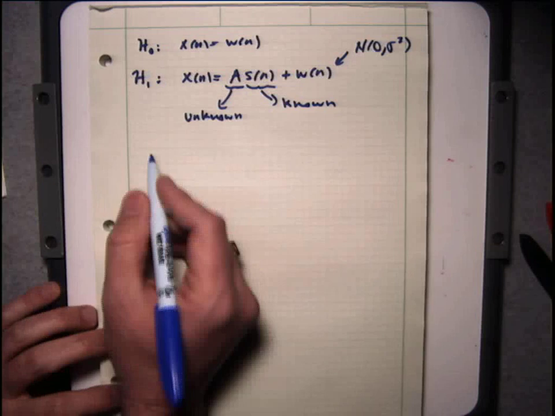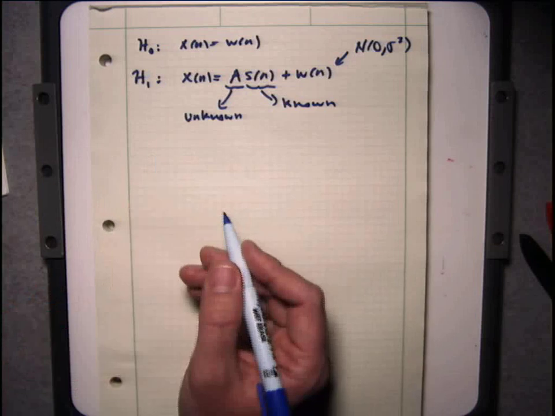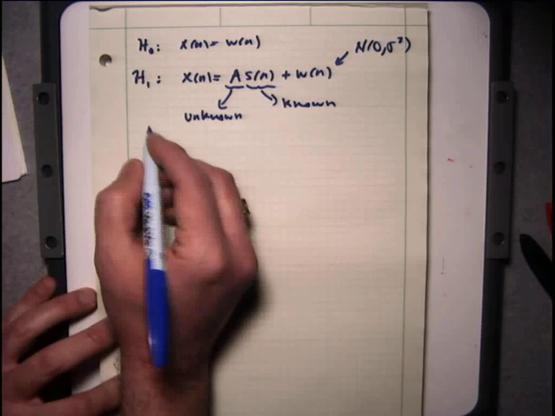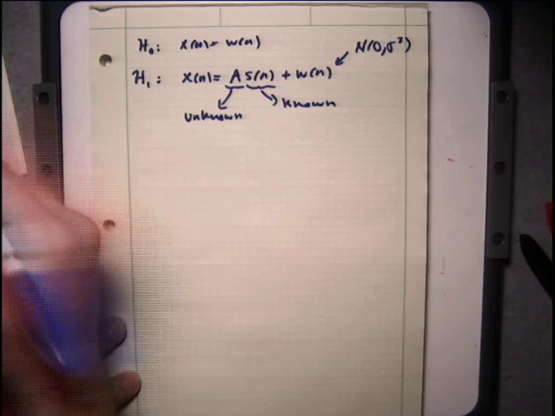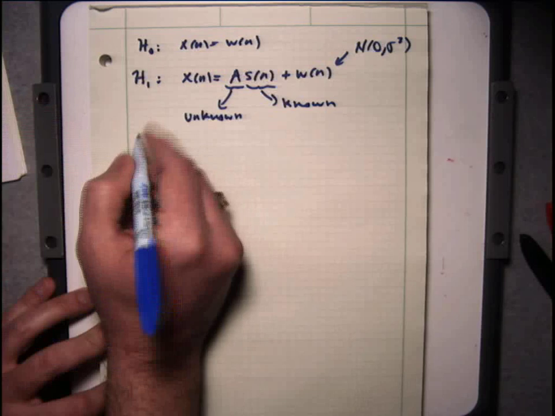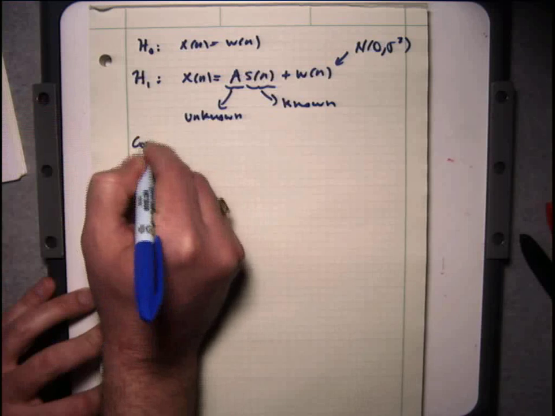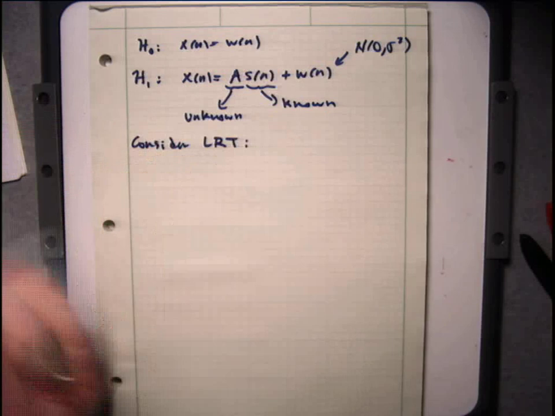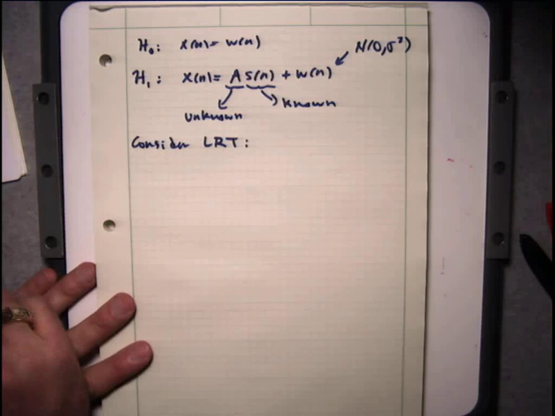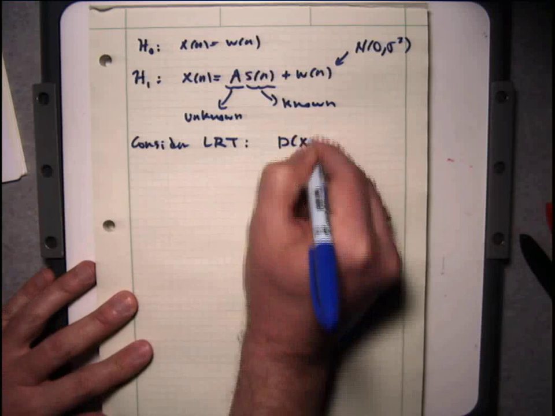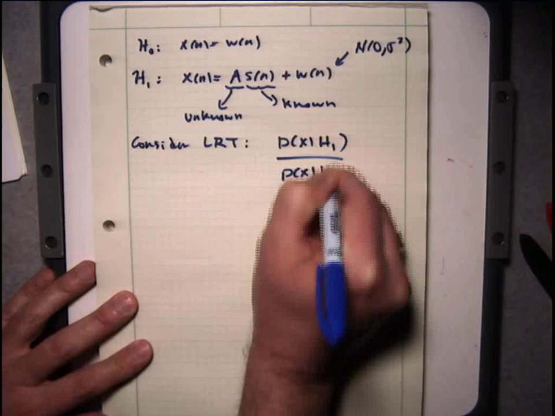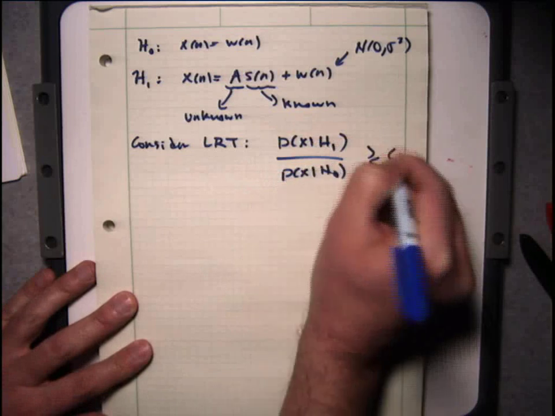Okay, so let's take a look at what this detector is going to look like. First, let's just assume that A is known. So let's consider just the likelihood ratio test that we did before when A is known. This is f of x given H1 over f of x given H0 compared to a threshold.